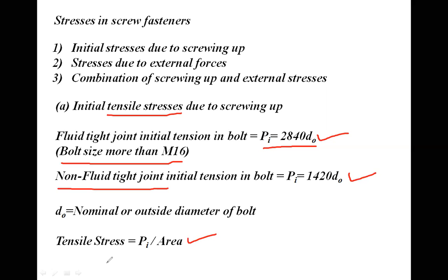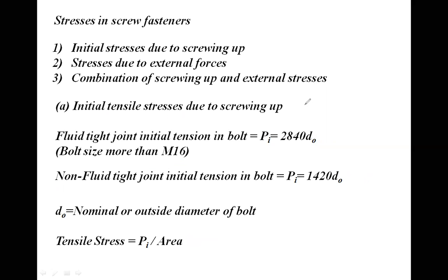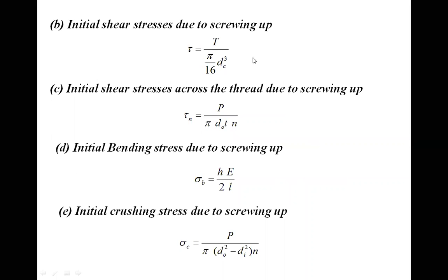In the screwing up, we have to consider fluid tight and non-fluid tight joints. Now, if you go further, the second type of stress is the shear stress, because of the shearing action.